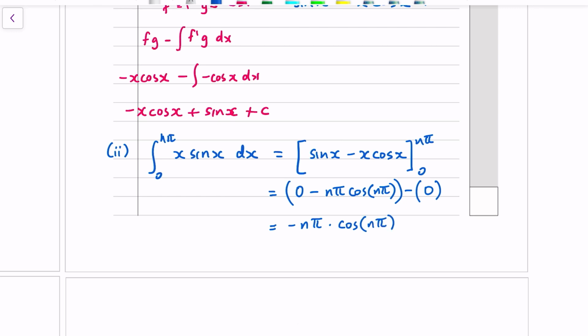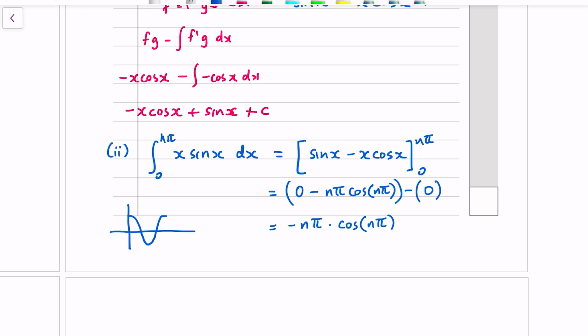Let's think about what the cosine graph looks like. When n is even, so 2 pi, 4 pi, etc., that's when the cosine is maximised at 1.